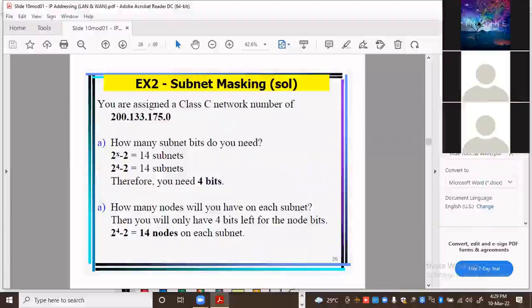So it'll be 2 raised to the power 4 minus 2, and that will give you 14. Out of the 8 bits that we are supposed to have for the Class C, we've subnetted 4 bits of it, so we only have 4 left, and that gives you the 14 node IP addresses.